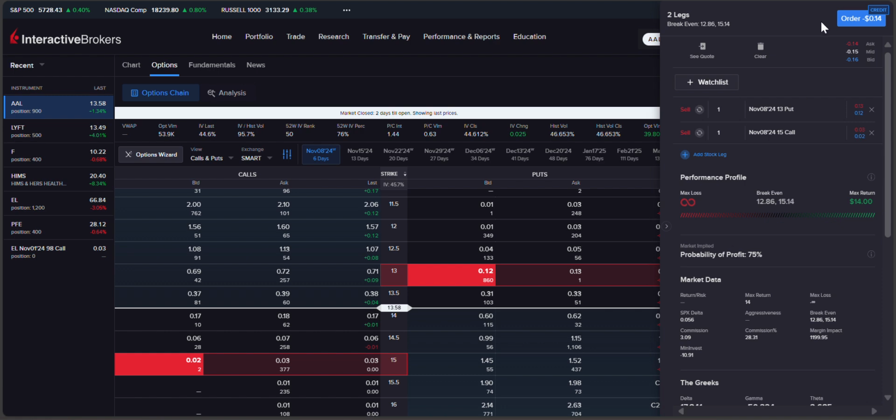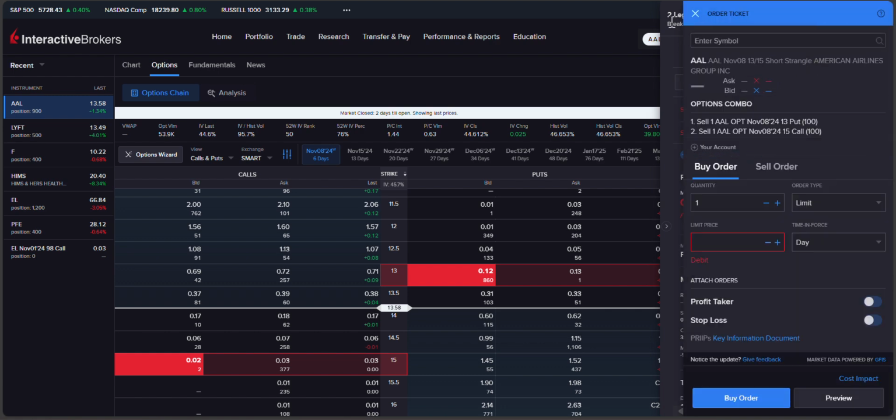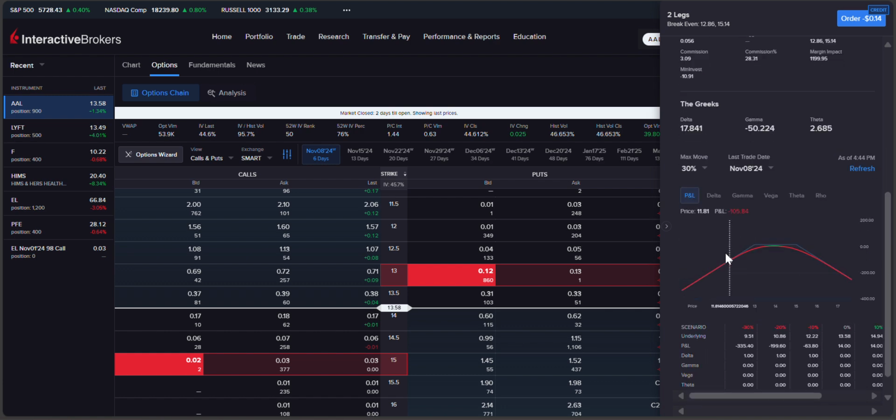All right, and you can see that this is also recognized as a short strangle, and it profits when the stock remains between 13 and 15, because both options expire worthless, and so you pocket the premium. Anywhere below 13 or above 15 in this example, and you may start to accrue losses if you are very close to 15 or 13, but if you go much further than that, for sure you will end up losing the trade.